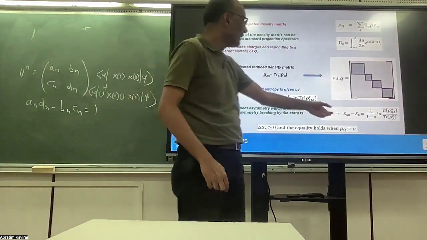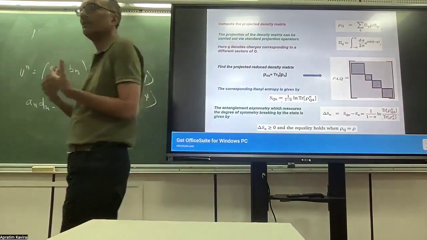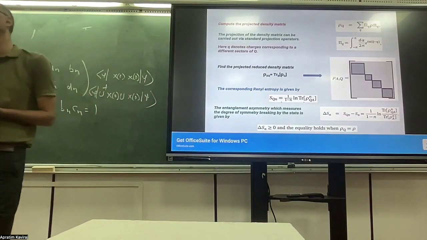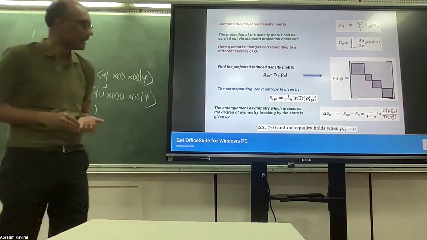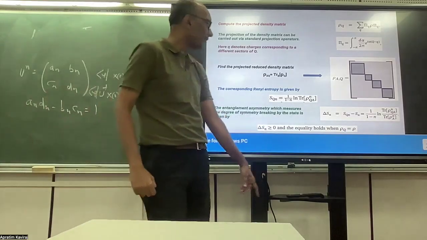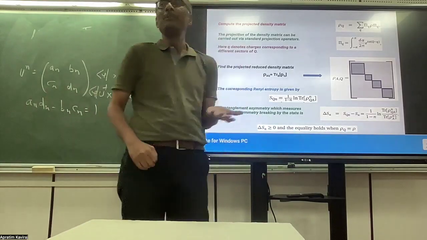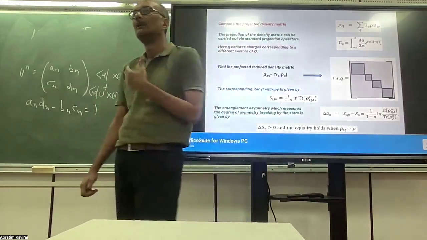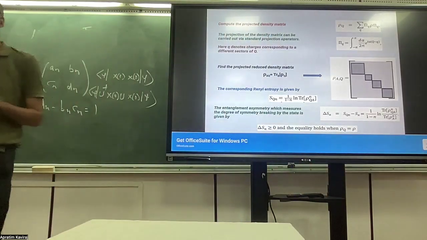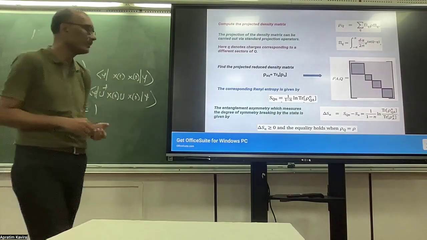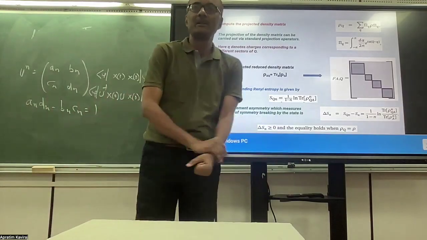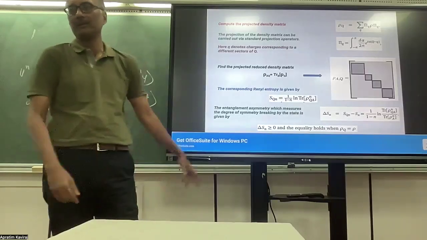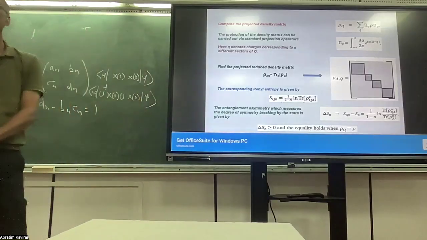Therefore, it gives you a measure of how much the initial state broke this symmetry. Now, there are two properties. If the state didn't break any symmetry, then of course rho q is rho and delta Sn is 0. That's the case where the system preserves the symmetry. And delta Sn is always a number greater than 0. That one can show.